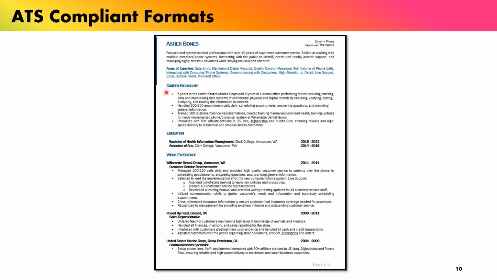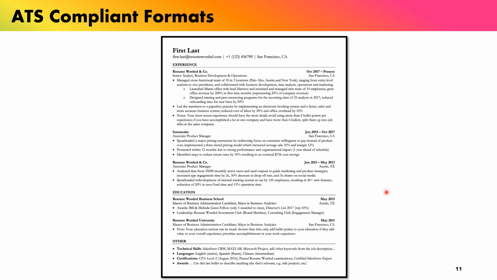There's different sections. There are no columns. There's no graphics. There's no text boxes. So the ATS will be able to read it very easily. And one more example. This format has very little formatting to it. It's just kind of very basic, and that's what you want for an ATS compliant format.